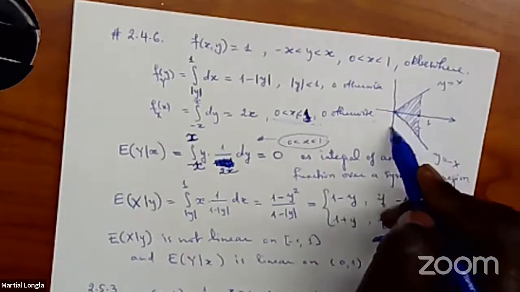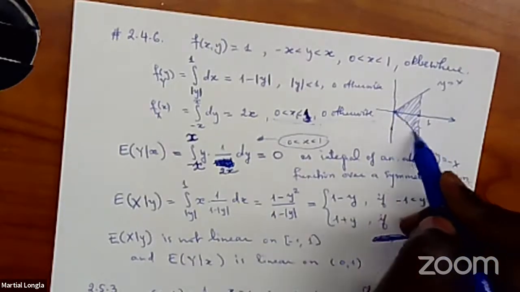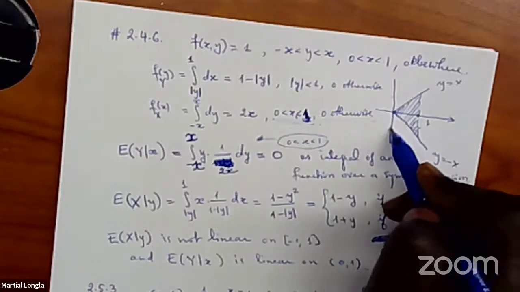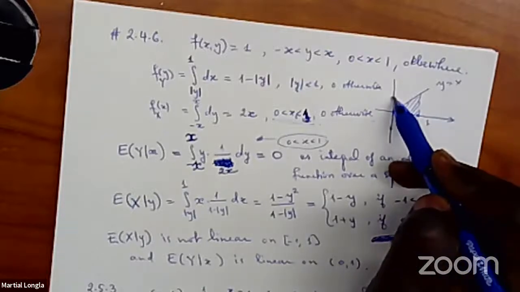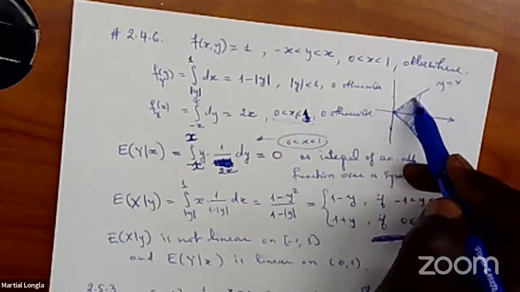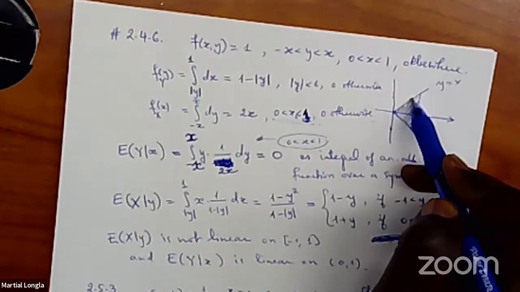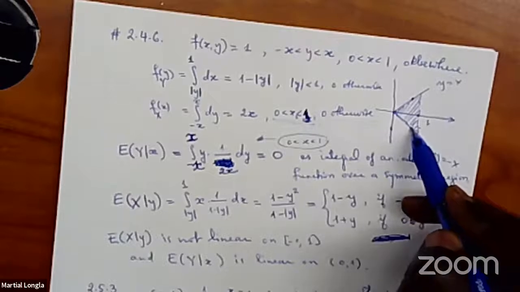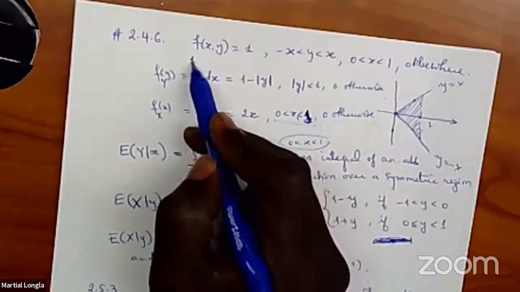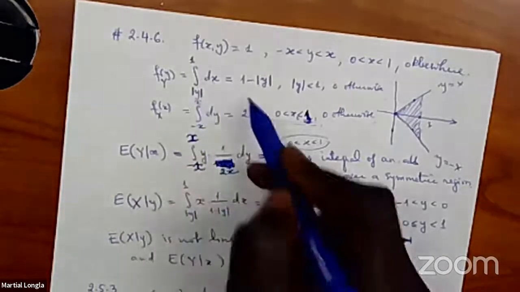But when I look here, if I fix it here, what I'm getting is negative y, which is the absolute value of y, because y is negative. If I fix it here, I start at y, which is the absolute value of y. So I'm always going to be integrating from absolute value of y to 1. That's why it's the integral from absolute value of y to 1 of dx, and it gives you this.